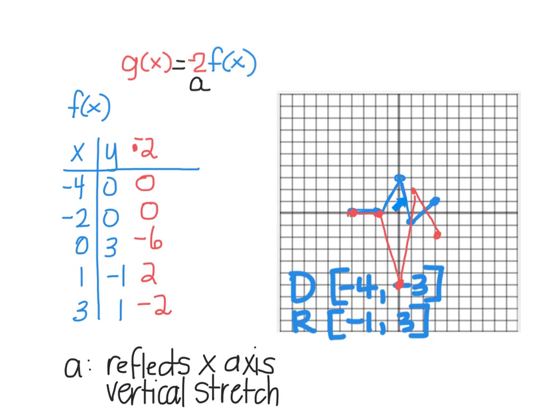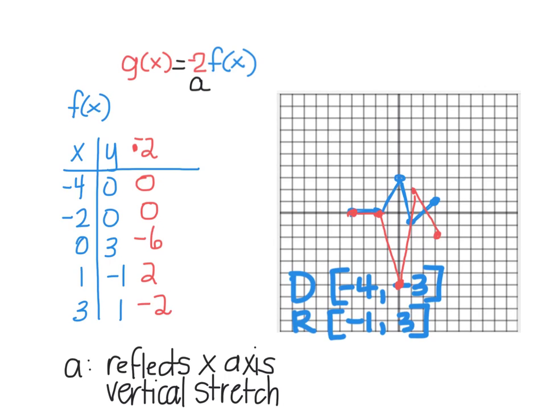So not only did I take this blue guy and reflect him across the x-axis, but notice this distance from the origin to the top point is 3. This distance from the origin to the top is 6. So I stretched him by a factor of 2.